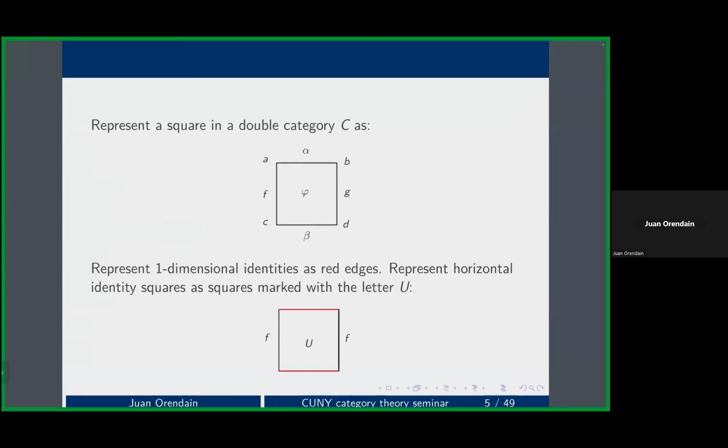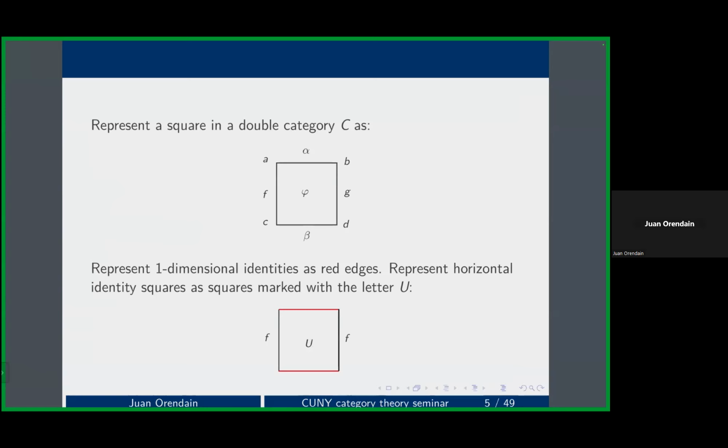All right. Now, usually identities are represented as long equal signs, but we'll represent them as red arrows. So, for example, horizontal identity squares or unit squares are squares that look like this.